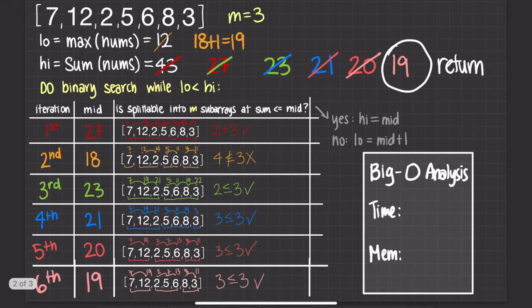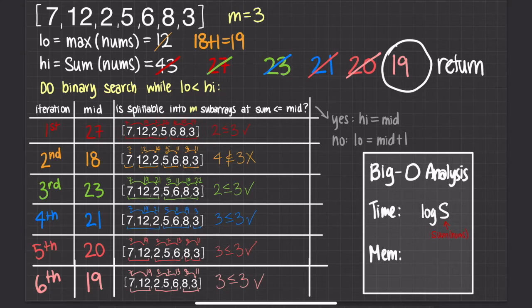In terms of big O analysis, binary search itself is performed on the high upper bound of the sum of nums. So that would be log of s, where s is the sum of nums. For every single iteration of the binary search, we need to go through the nums array to check if it is splittable into m subarrays.